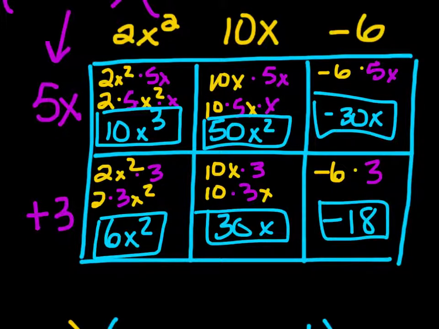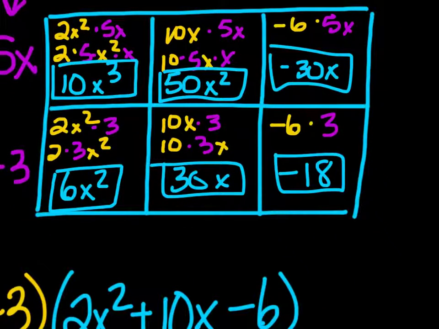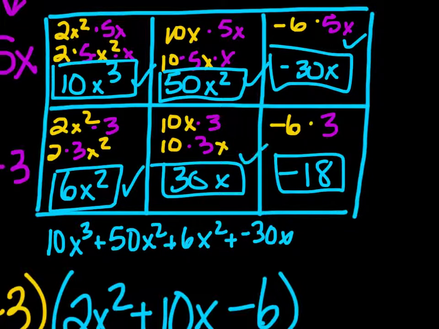Then from there, we can take this information and rewrite this whole equation as 10x to the third plus 50x squared. I'm just going to check off these boxes as I do them. I have 6x squared, then plus a -30x, plus +30x, and then -18.